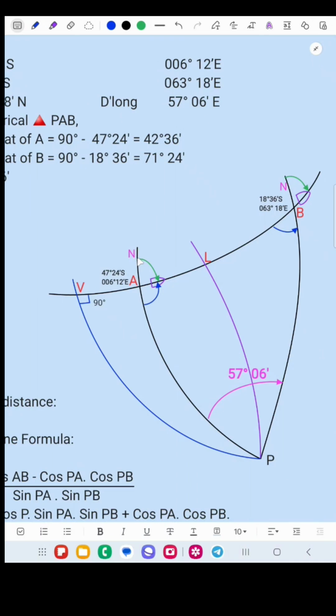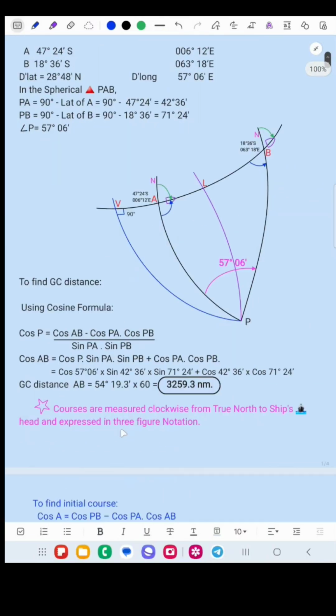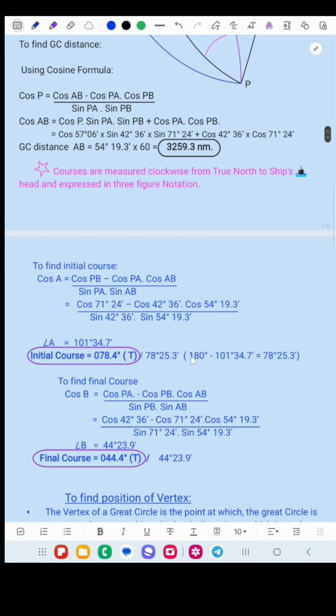So we measure starting from true north up to the ship's head. So initial course will be 180 degree minus this angle, 180 degree minus A. So this will be 180 degree minus 101 degree 34.7, that is 78 degree 25.3. So initial course is equal to 078.4 degree true.